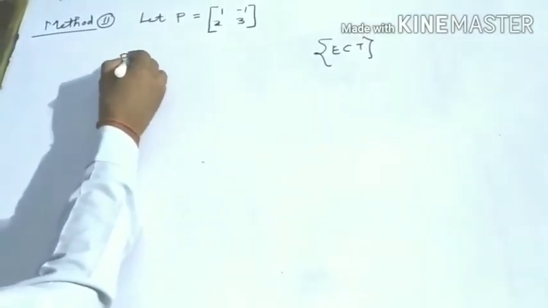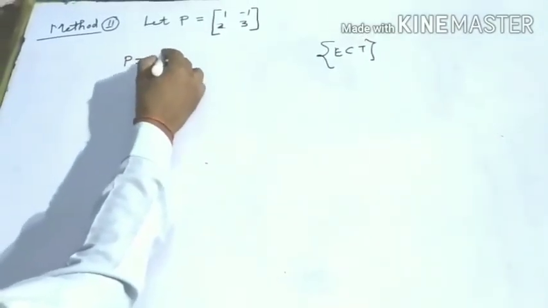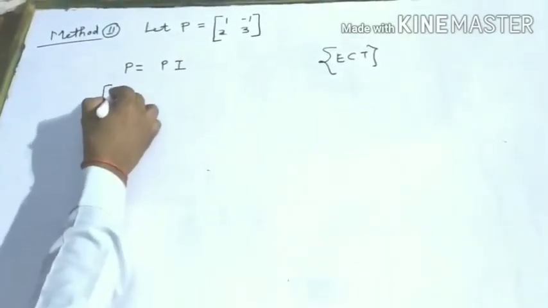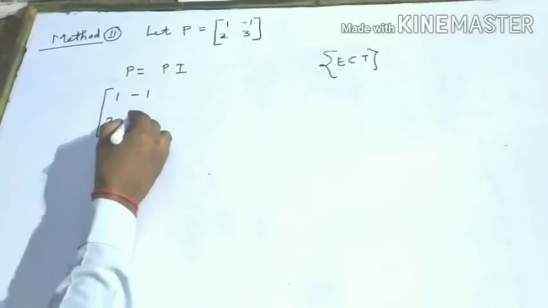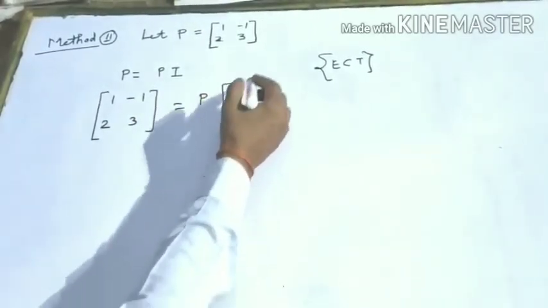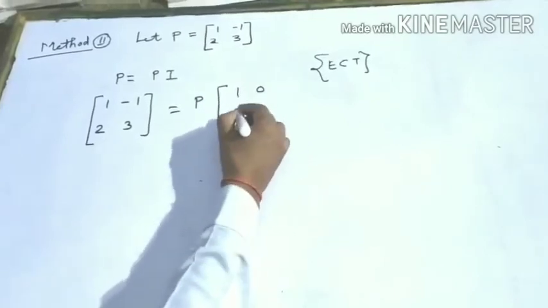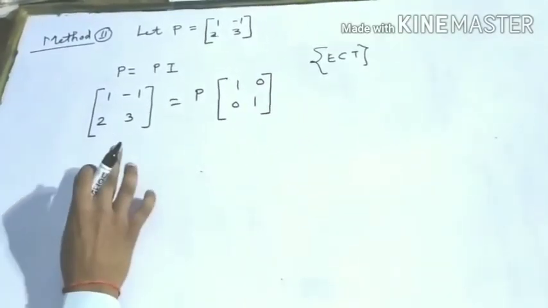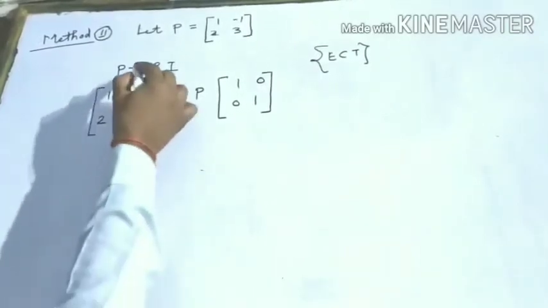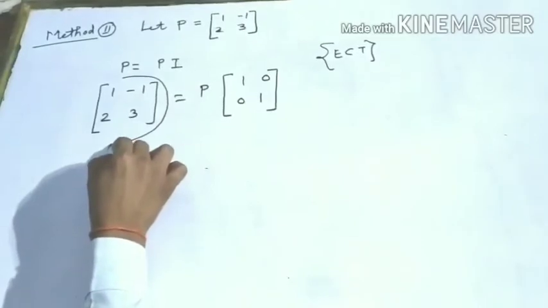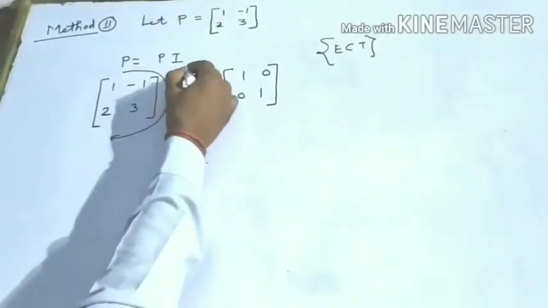Let P equal to IP. P is given as 1, minus 1, 2, 3, and then this is the P, and then the identity matrix means 1 0 0 1. Now here you have to see, in column transformation we are moving in the clockwise direction, means in this direction.